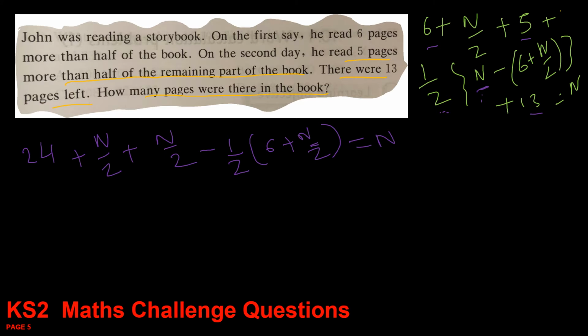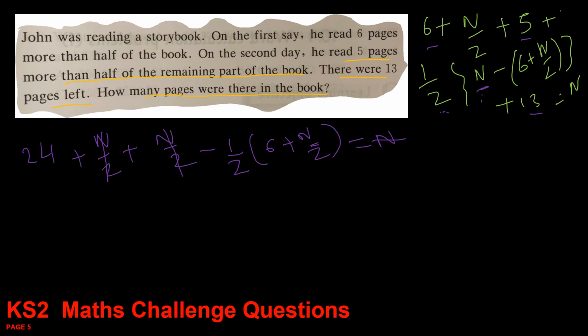So the n by 2 and n by 2, if we add them, we get n. And this is also n, because they're on opposite sides of the equals. They cancel out. So n minus n is 0.